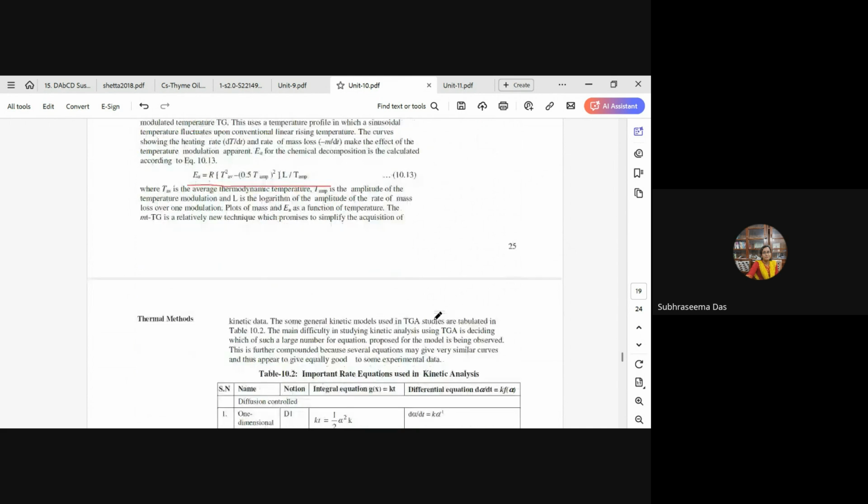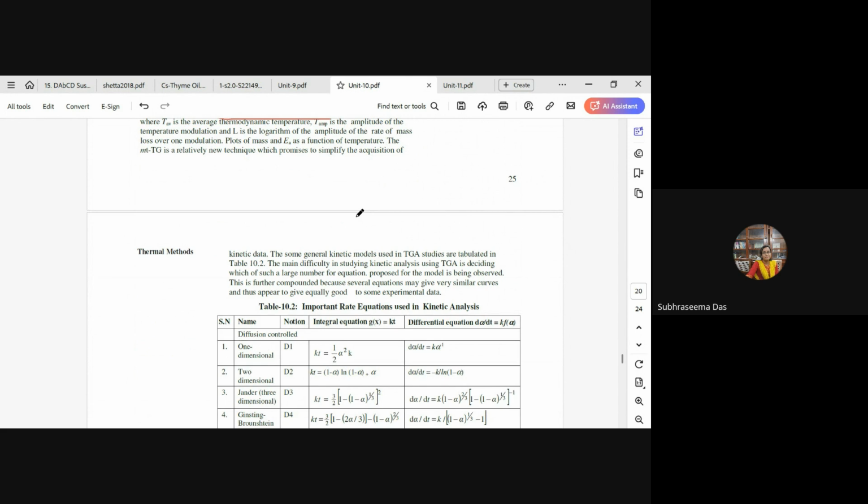The general kinetic models used in TGA are shown in figure 10.2. The main difficulty in kinetic analysis using TGA is deciding which equation should be used for the calculation.